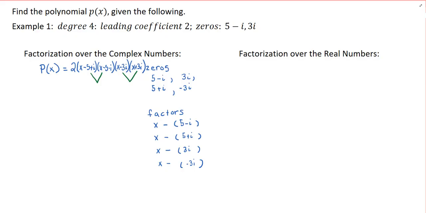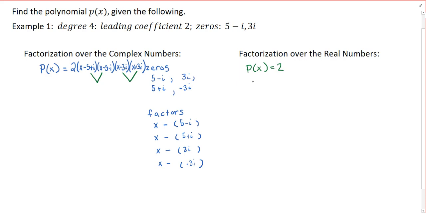Now we're going to go ahead and focus on the factorization over the real numbers, and in doing that we're going to still have the same leading coefficient of 2, so we can go ahead and list that down. But what we're going to do differently is we're going to end up multiplying together these conjugate factors and making irreducible quadratic factors instead.